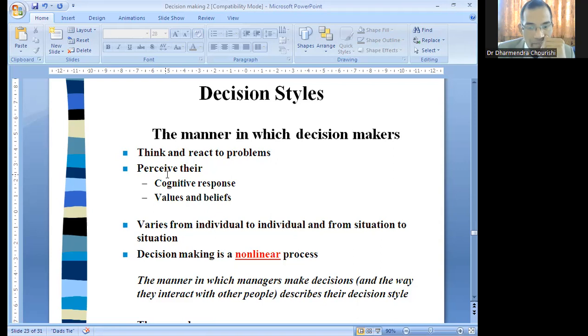The manner in which managers make decisions and the way they interact with other people is also crucial. This is called decision style. What is your approach? What is your perception, and how you deal with the situation comes in decision style.